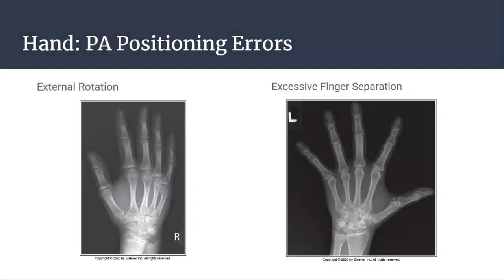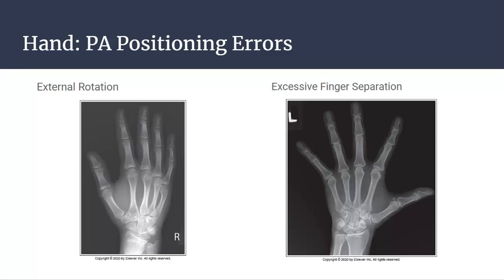Now, I do not have an example of internal hand rotation. However, this is rarely a concern because the thumb naturally limits that inward movement. So it's just worth noting that it's very unlikely a cause of a positioning error.